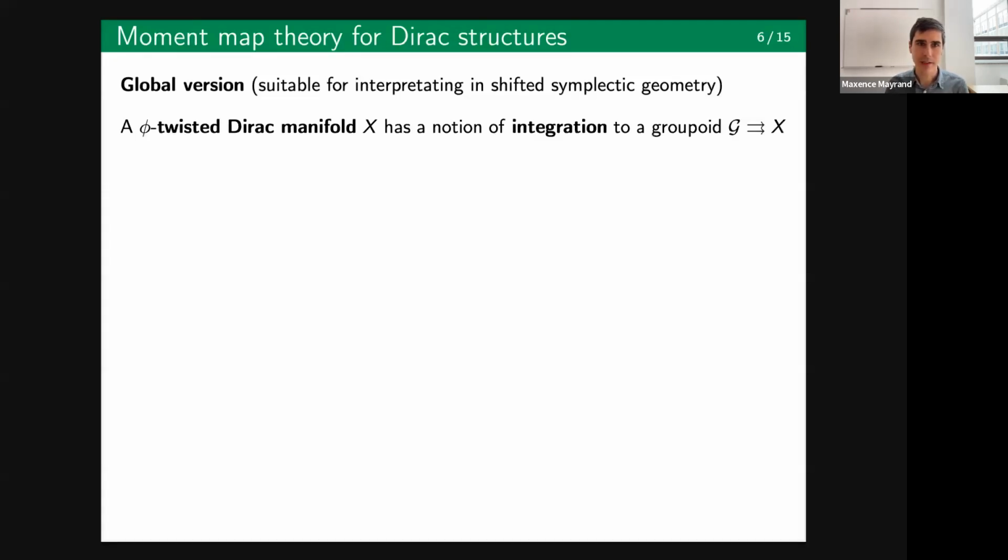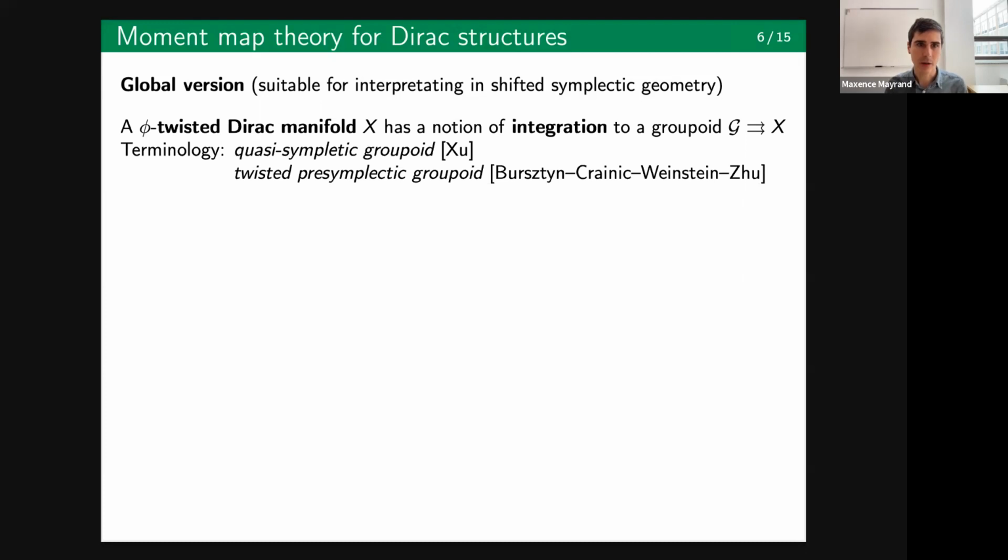So a phi-twisted Dirac manifold has a notion of integration to a groupoid, just like Poisson manifolds integrate to symplectic groupoids. And so that's why they are called sometimes quasi-symplectic groupoids. That's the terminology introduced by Ping Xu, or twisted presymplectic groupoids by Bursztyn, Crainic, Weinstein, and Zhu.